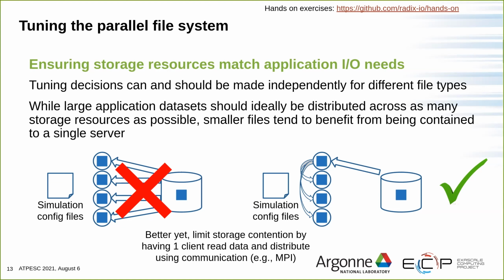So what you could do instead is try and alleviate that storage contention and just have a single simulation client read in the data and then use the high speed, less contentious compute node network to distribute that to other application processes. And that'll generally get you a lot better storage performance too, as you're not, again, overloading every single application process onto a single storage server.